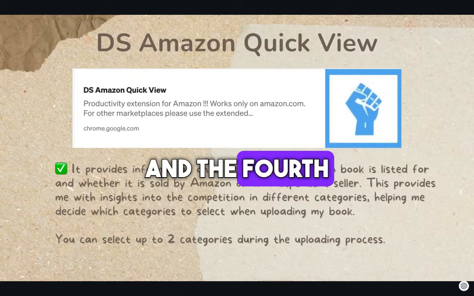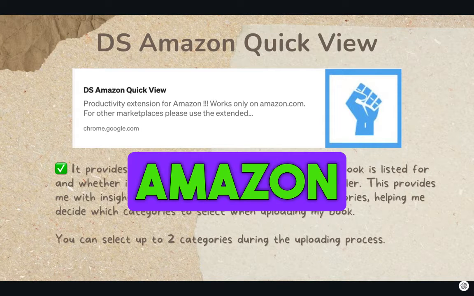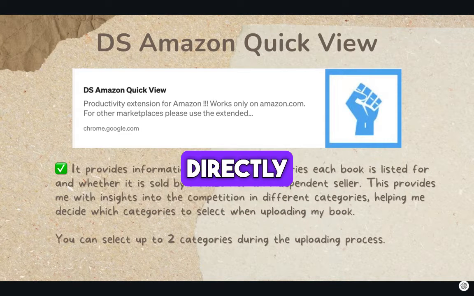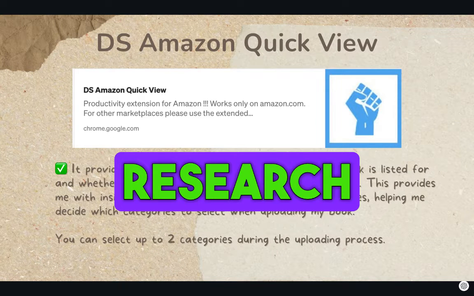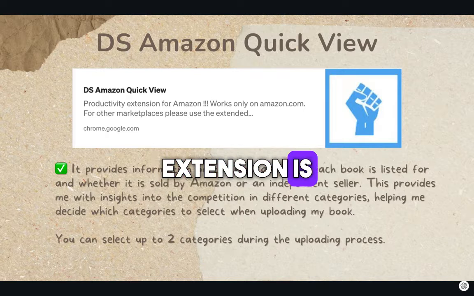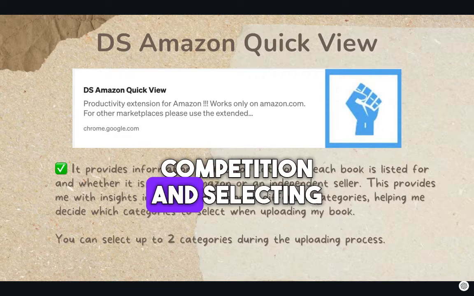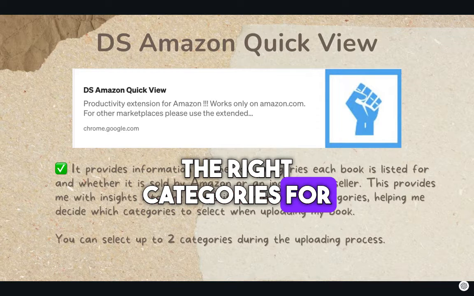And the fourth and final Chrome extension is DS Amazon Quick View. So while not directly related to keyword research, the DS Amazon Quick View Chrome extension is my go-to extension for analyzing the competition and selecting the right categories for my book.